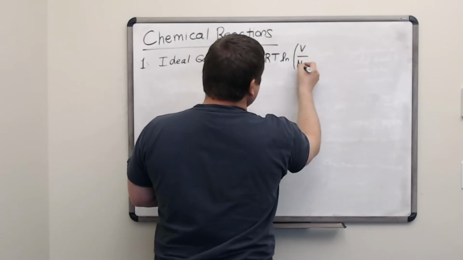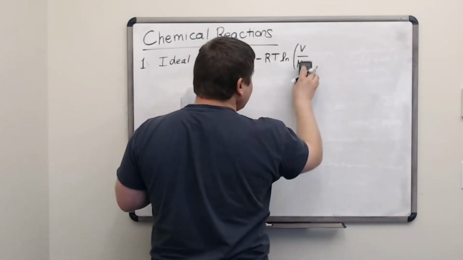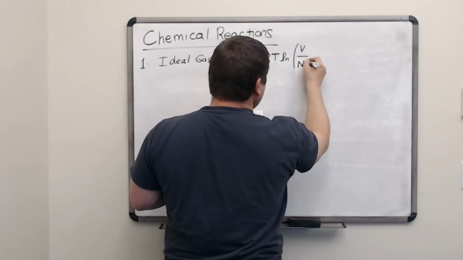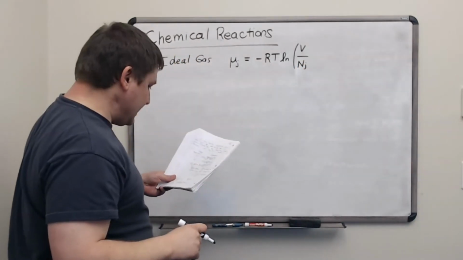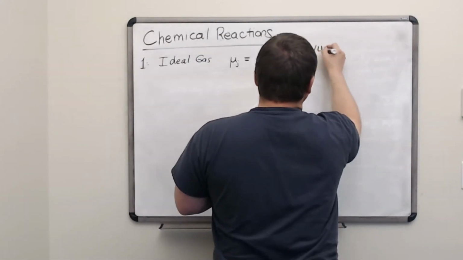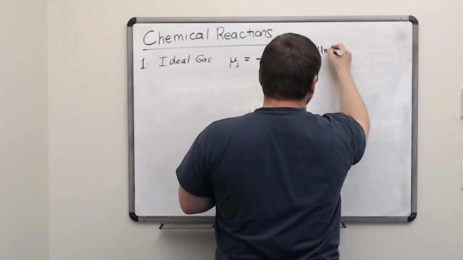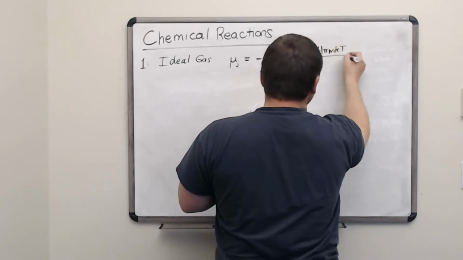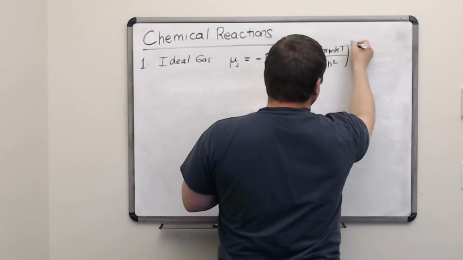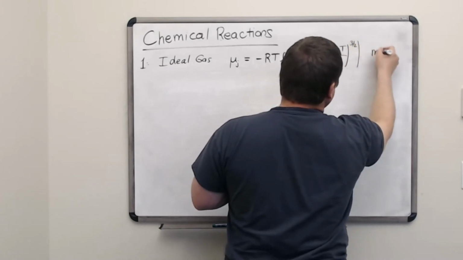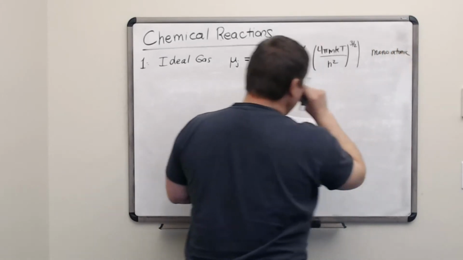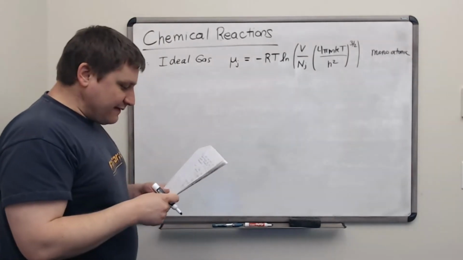And going back to earlier material to look this up, remember what we would get would be something like negative RT times the log of V over N times 4 pi m kT over h squared, to the 3/2. Okay, so that was the formula for a monoatomic ideal gas. And that's quite messy.